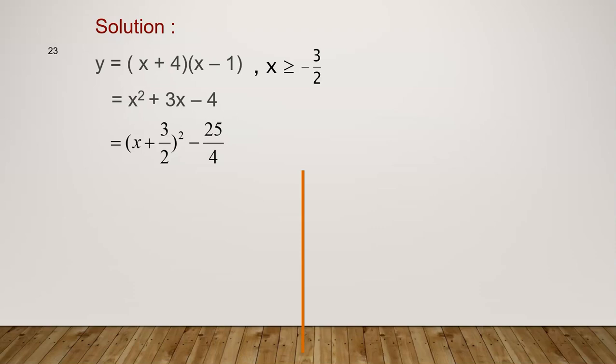Smiling will contribute to a minimum point, right? So if you change to completing the square form, you can see directly its minimum point, which is negative 3 over 2, negative 25 over 4, the coordinate.